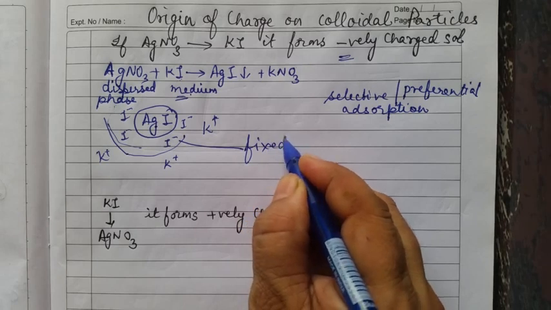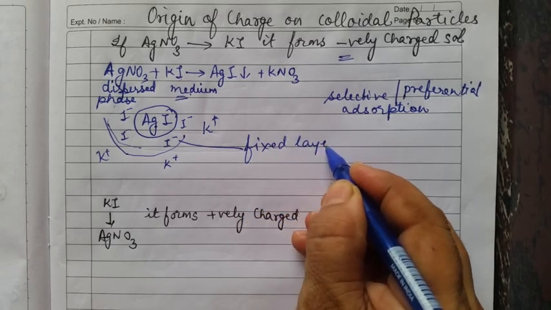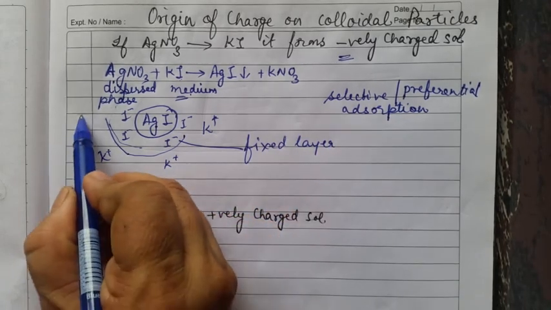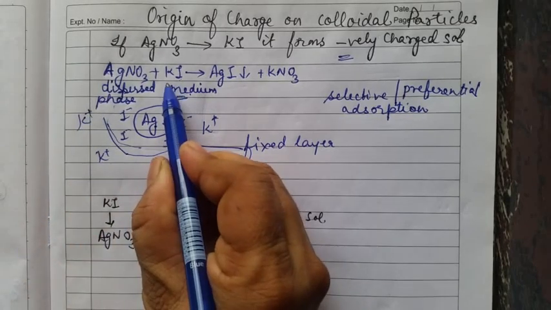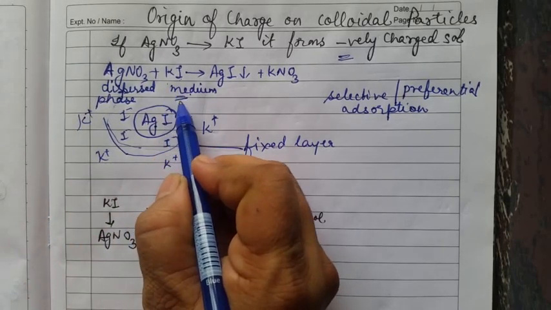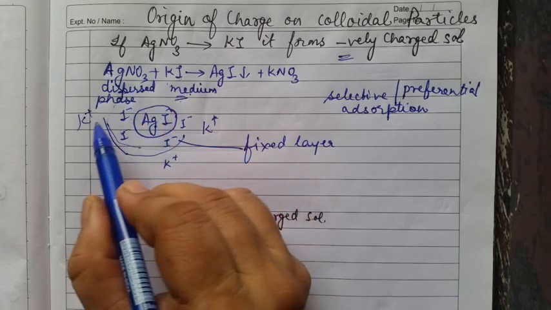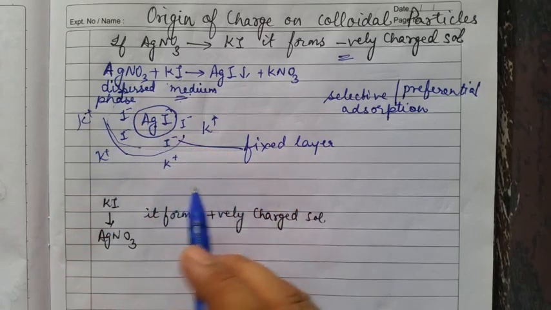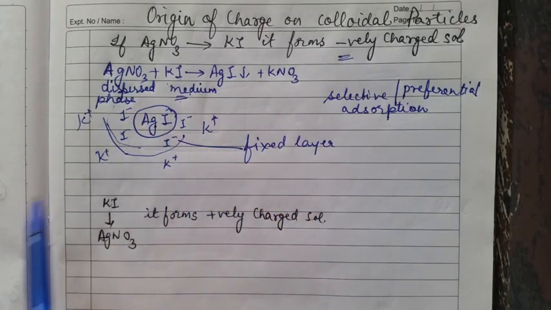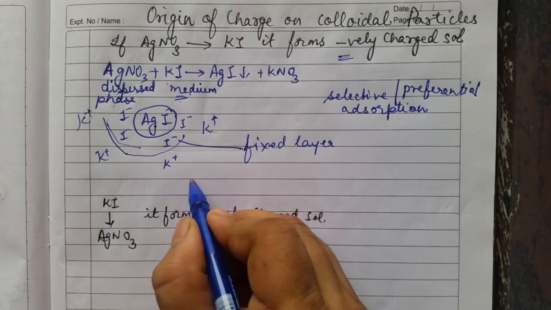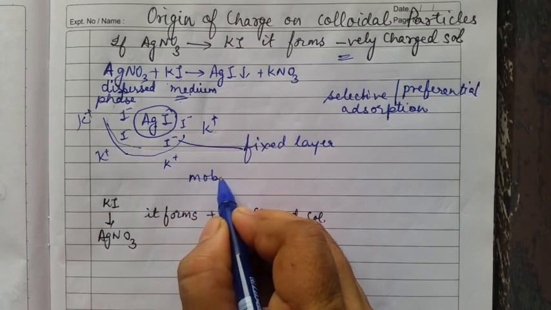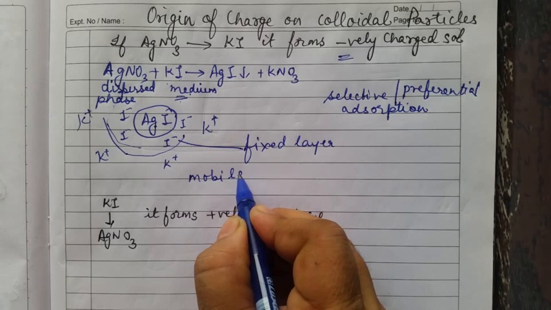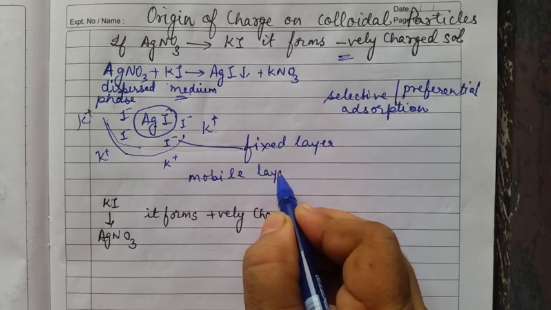Around that is the potassium ion, from the medium. I minus is adsorbed, and the K plus will be adsorbed onto the I minus. It forms the mobile layer, which is the diffused layer.